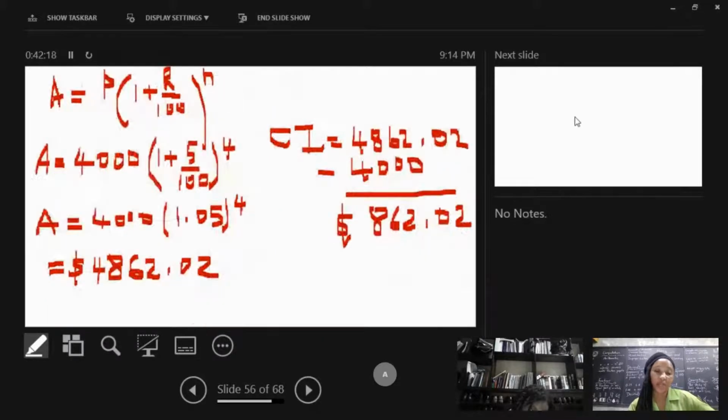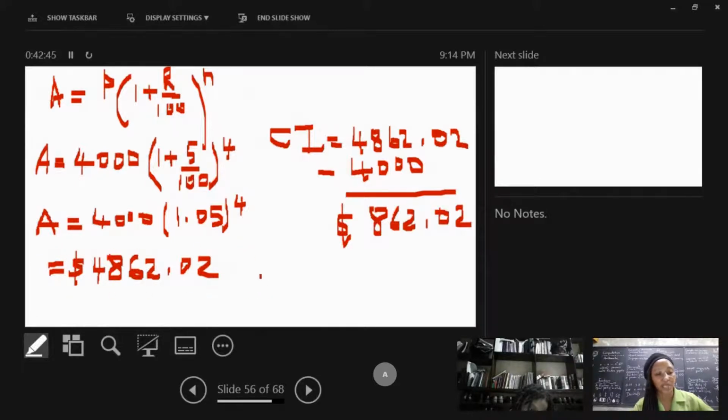And using the formula now, we just plug in the values. The amount accruing is the principal times 1 plus the rate raised to the power of the number of years. So we plug in 4,000 for the principal, 5 for the rate, 4 for the number of years, and we get our money.